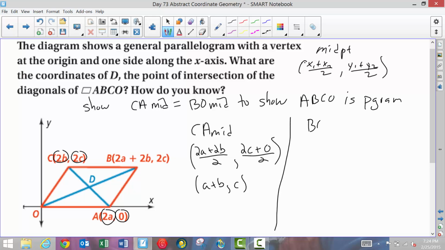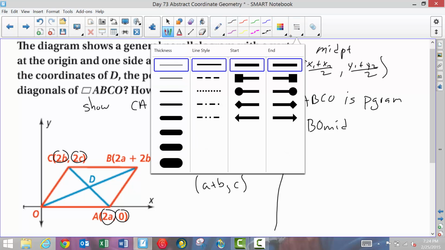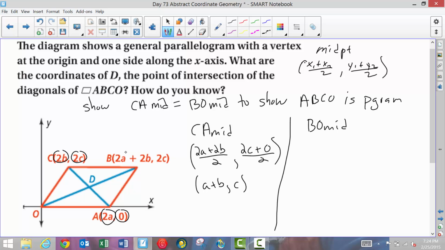Now I need my BO midpoint. So for my BO midpoint, I take my coordinates of B, the x value, which is 2A plus 2B. The origin is 0, 0, so I have to add in 0 over 2. Add in my y coordinates, 2C plus 0 over 2.